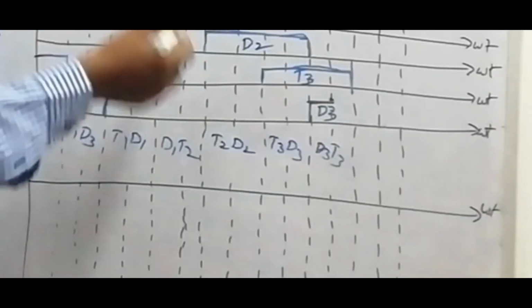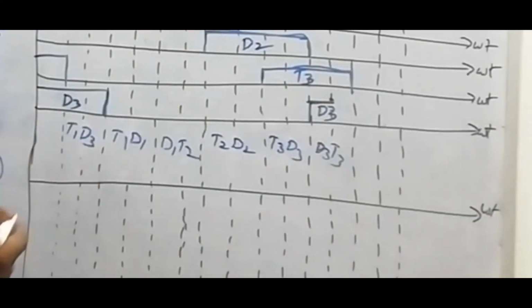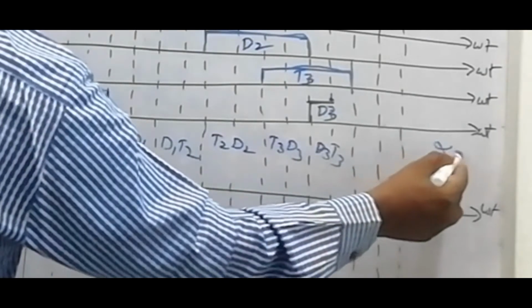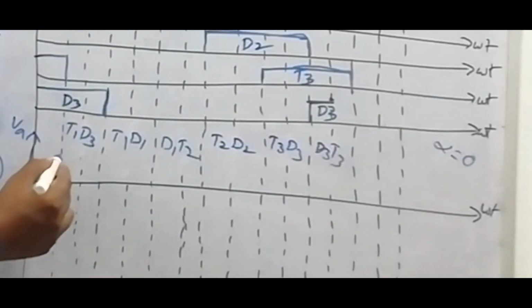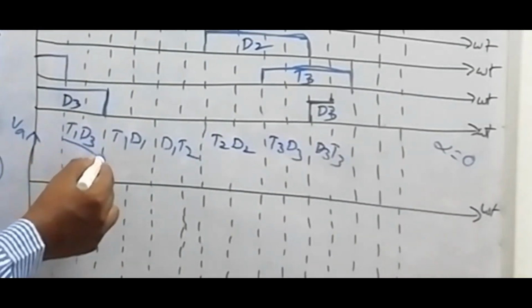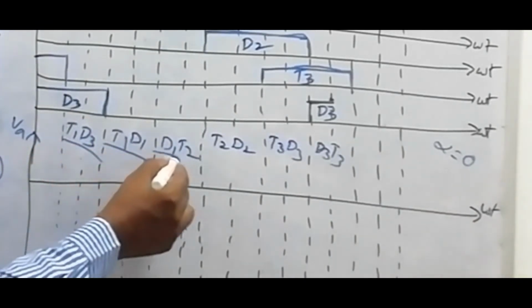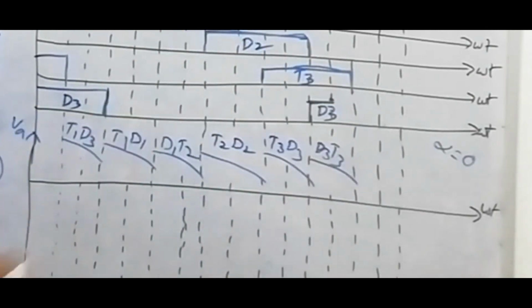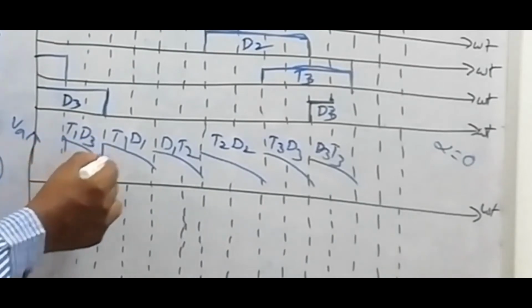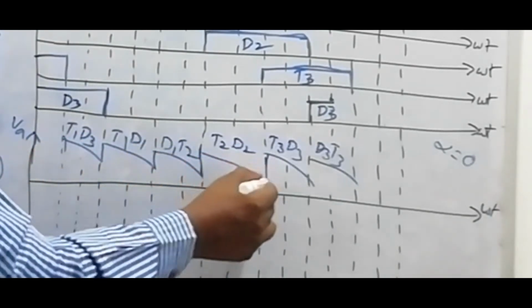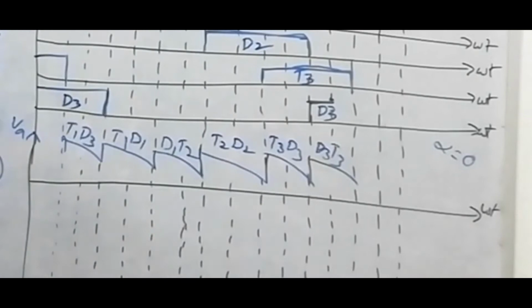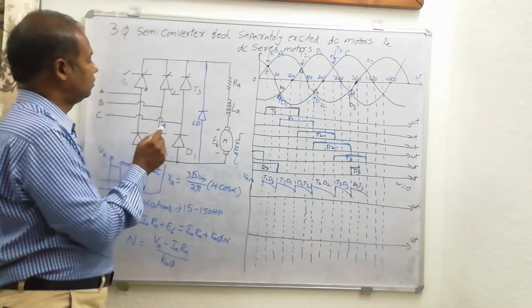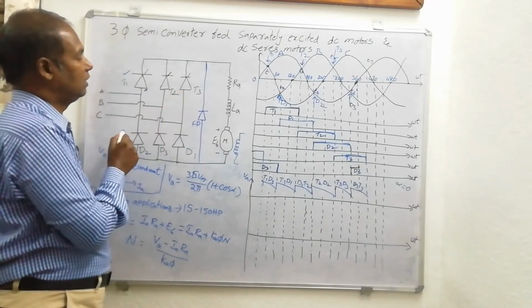From the analysis of these pulses, we have to draw the output voltage waveform for alpha equal to 0. So the waveform is like this. For alpha equal to 0, it is acting as a diode rectifier. The thyristors also act as diodes.